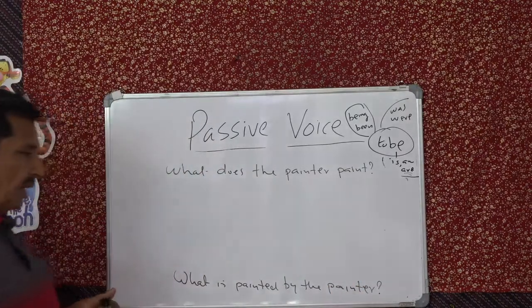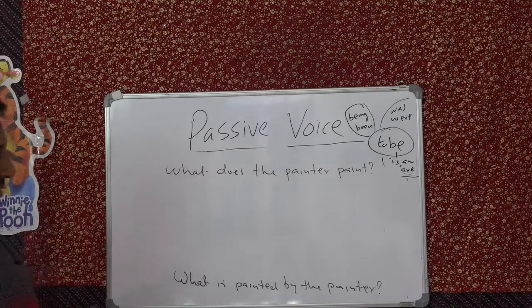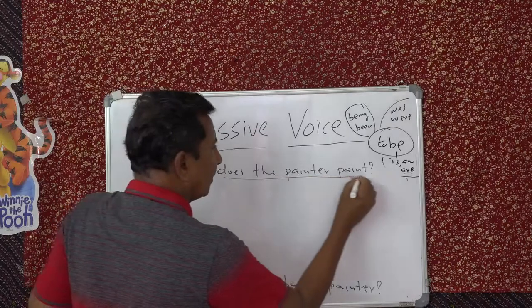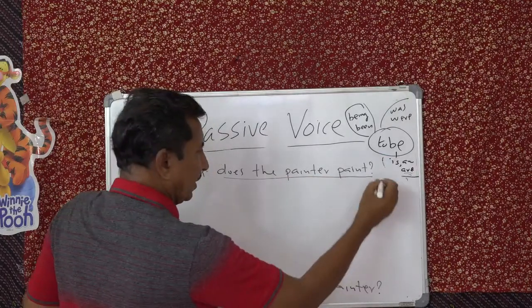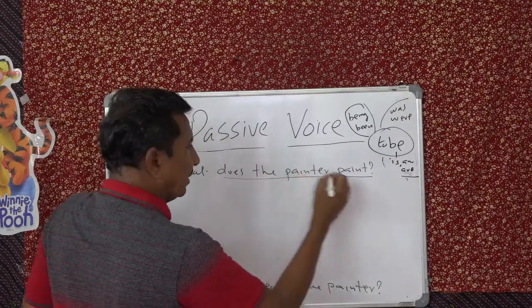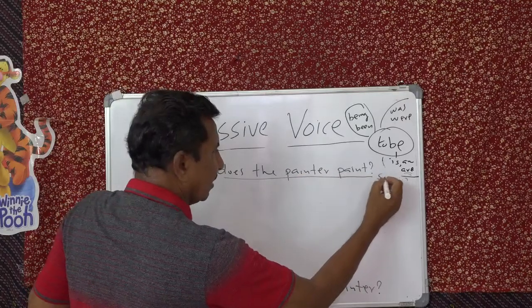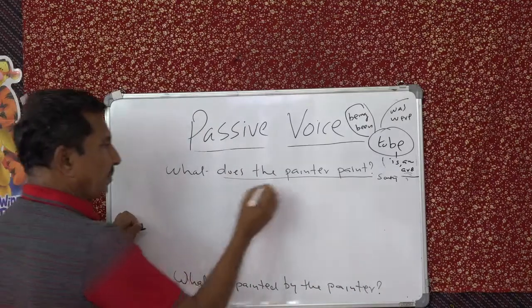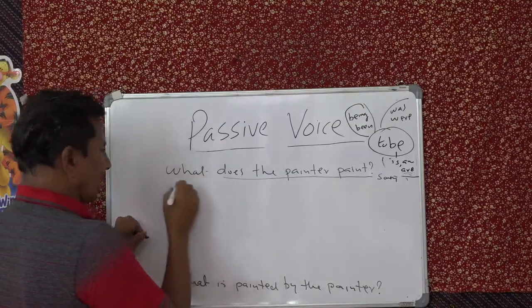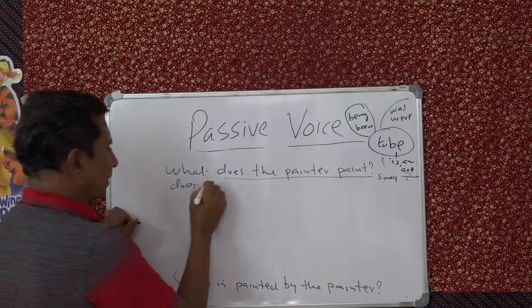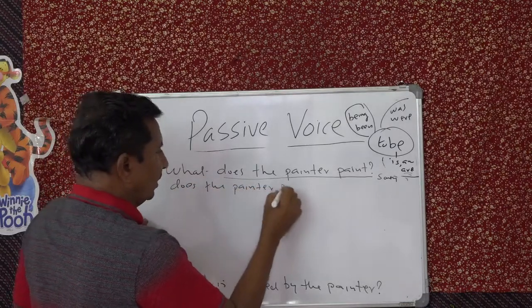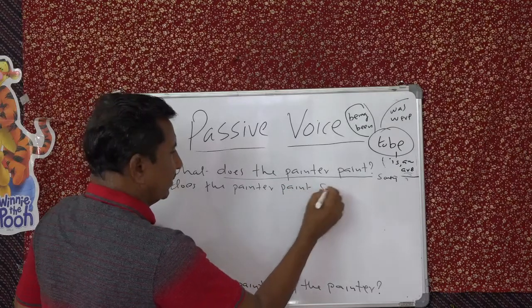But how do you arrive at this? Simple, to begin with: does the painter paint something? Instead of something, you can write what. Okay, let's begin like this. Let me write: does the painter paint something?